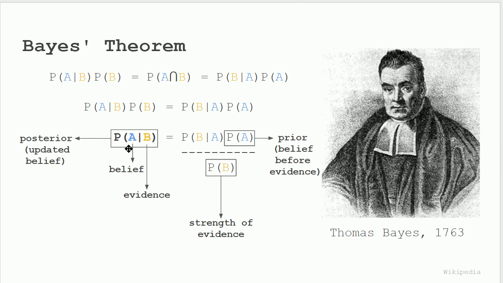Your posterior represents this whole output right here. It is your updated belief, what you believe given your evidence. A good example of this is, say A represents your belief that there are only white swans in your local pond, and B is the existence of a black swan.